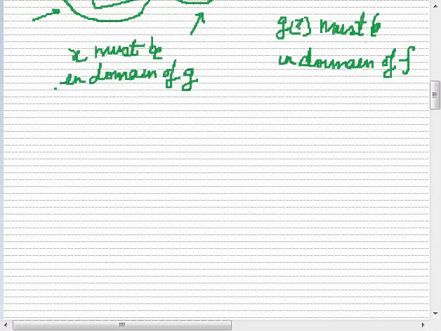That is, for finding the domain, we exclude the following points.